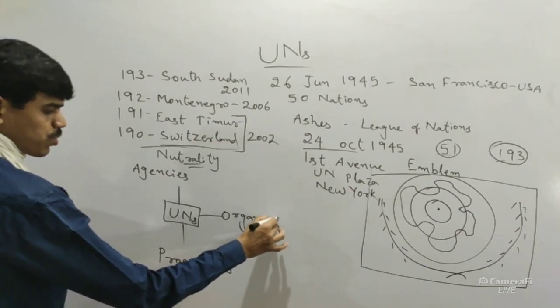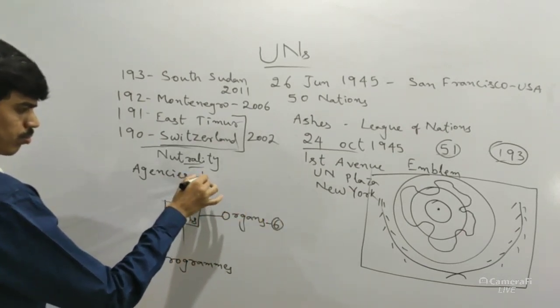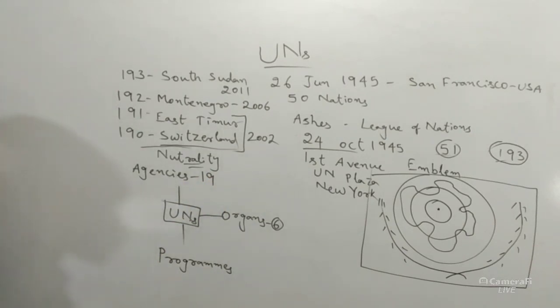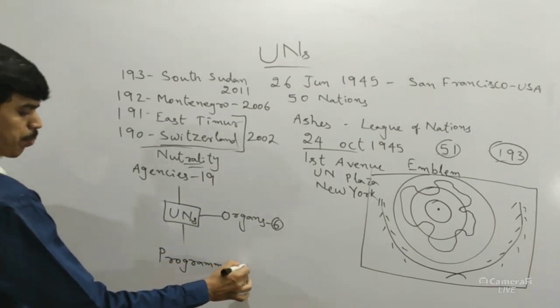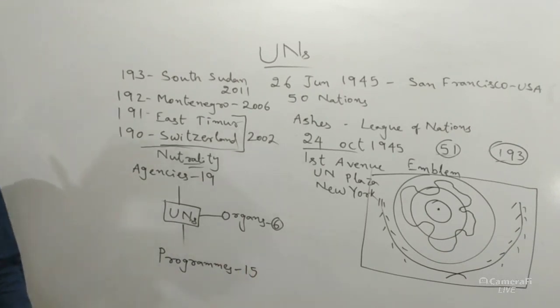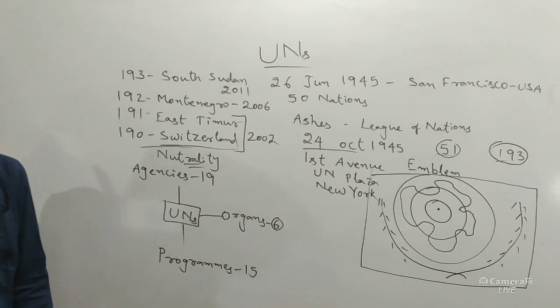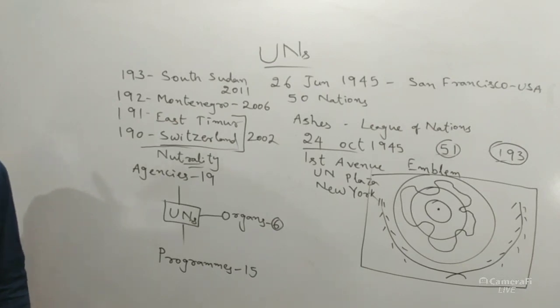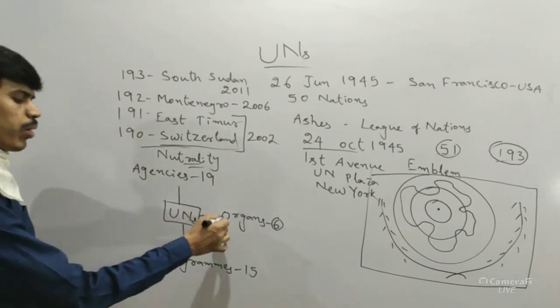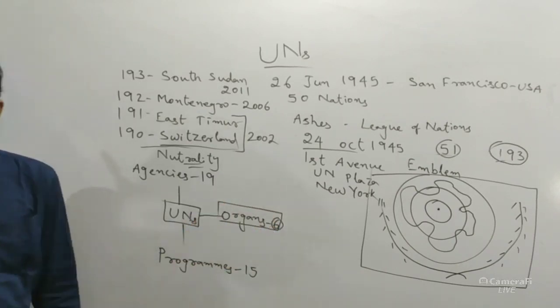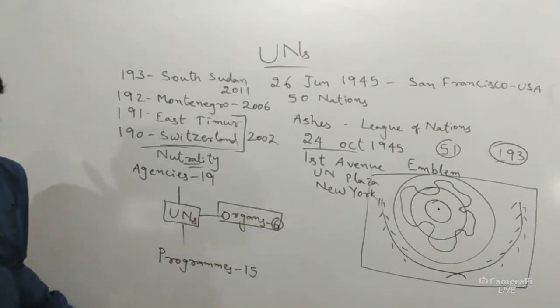There are 6 organs, 19 specialized agencies, and 15 programs. Commonly, UN organs are fixed, but agencies and programs are not fixed.